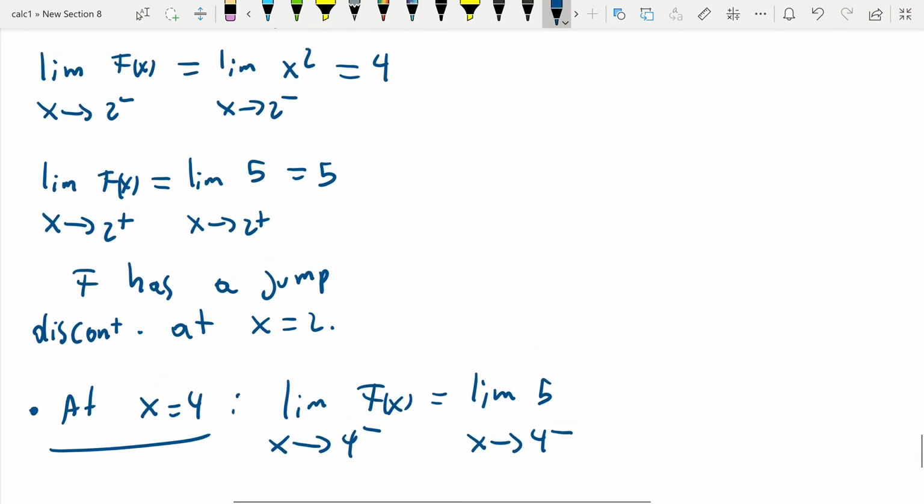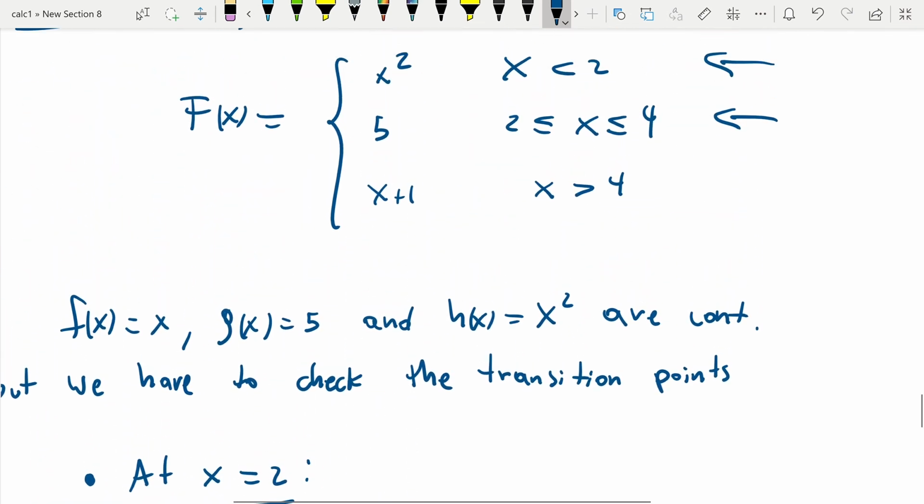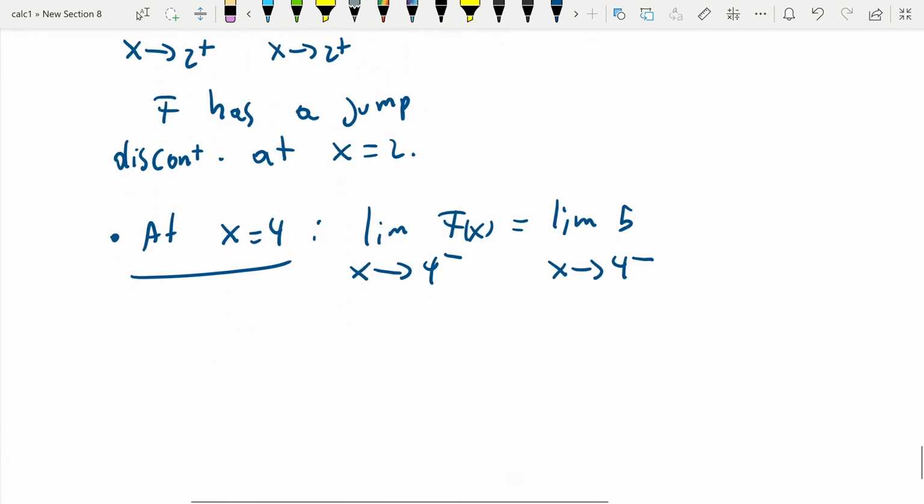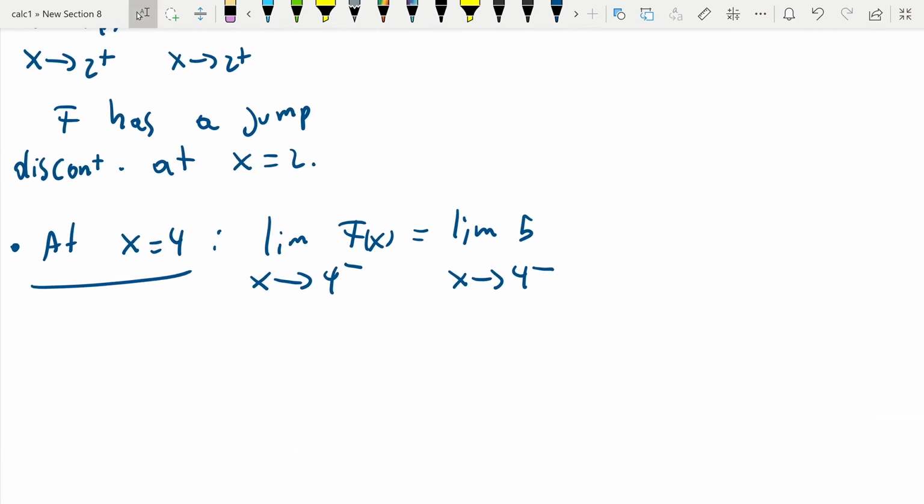Because when you're close to 4 but slightly to the left of 4, you're inside this interval. So x is slightly smaller than 4, but very close to 4, so it's certainly bigger than 2. Inside that interval, f takes on the value 5. And so that's how we compute the limit. We replace f by 5, and we compute the limit of 5 as x approaches 4 minus, but 5 doesn't change. So the limit here is 5.